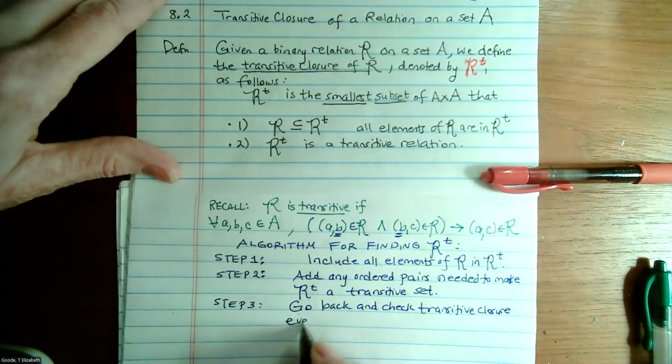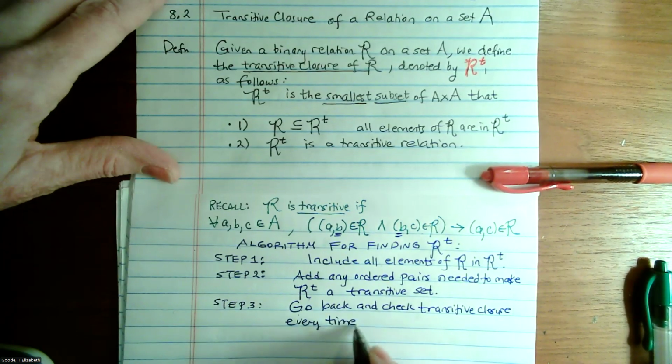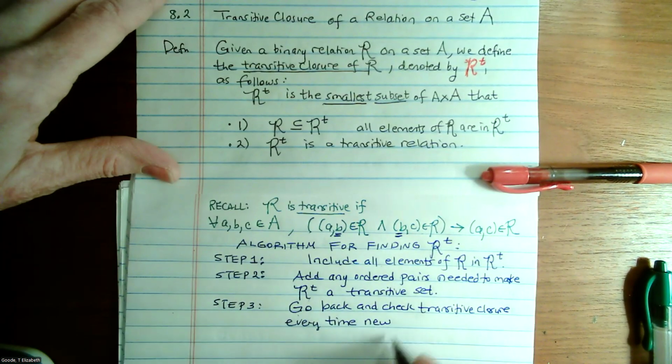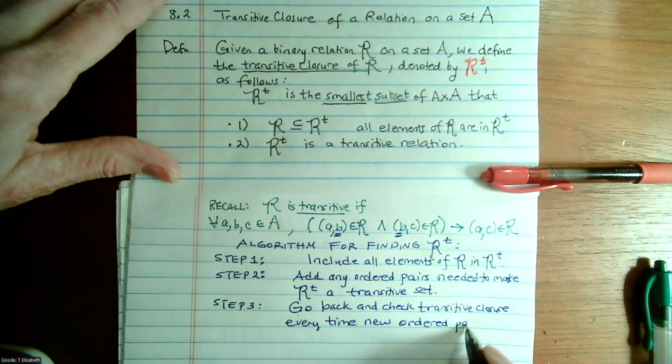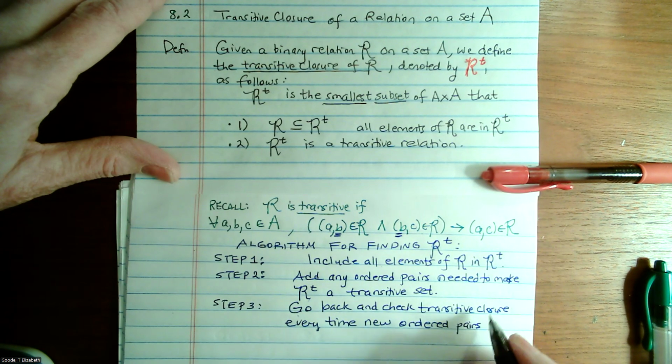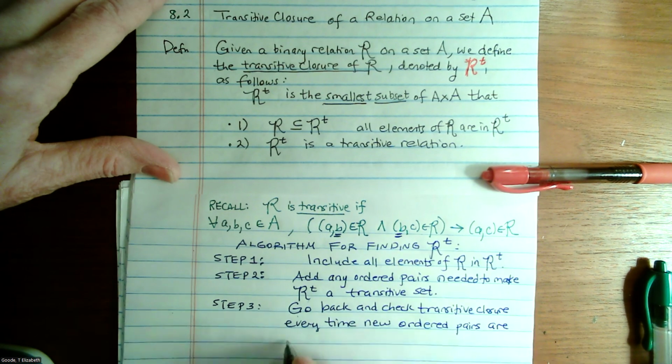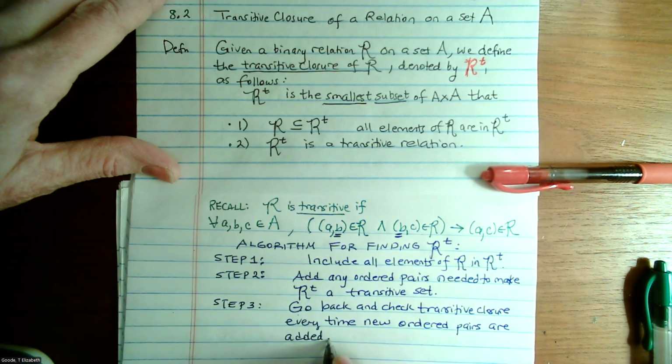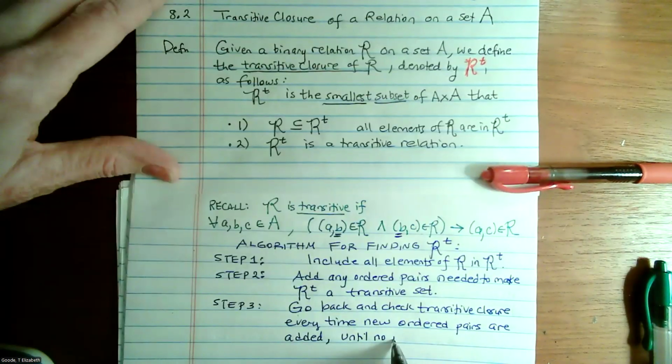Every time new ordered pairs are added, because some of them might force the hypothesis to be true with other elements, I'll show you what I mean in a minute. Go back and check transitive closure every time new ordered pairs are added, until no more pairs are needed.